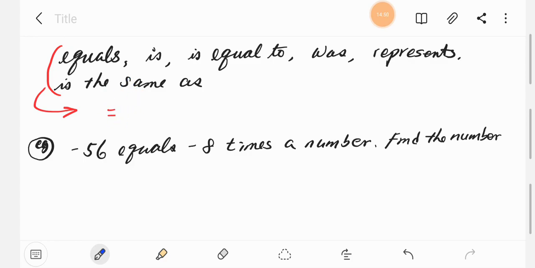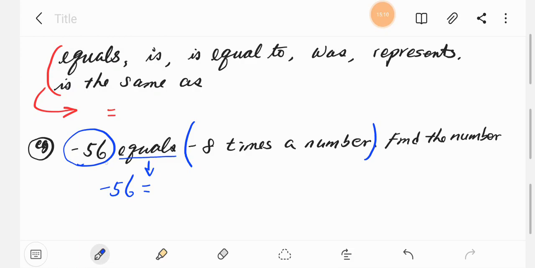So for example, negative 56 equals, here is equals, right? So convert this to an equal sign. So negative 56 is on the left side of the equal sign, and this will be on the right side of the equal sign.